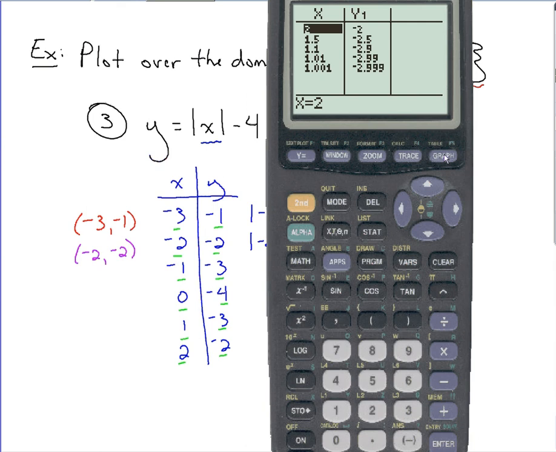Like if I want to enter in all these x values over here, negative 3, negative 2, negative 1, I just type negative 3, enter, and it goes in. Negative 2, enter, and it goes in, and so on down the line. And voila, there are your corresponding y values. So you can take those and plot those.